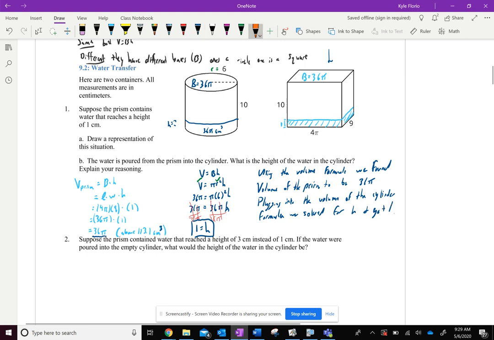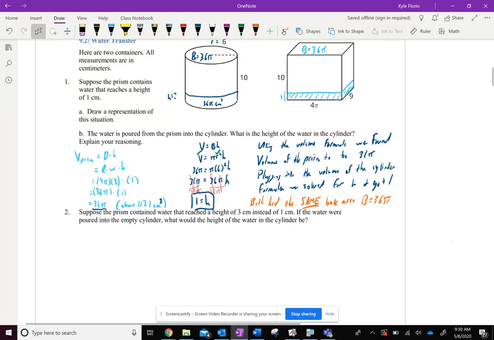And one thing that's interesting here is they both have the same base area. They both had an area of 36 pi.